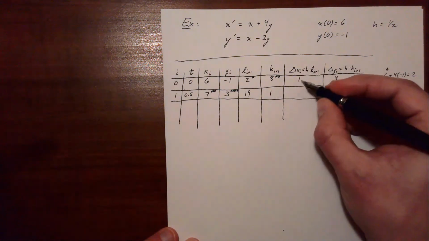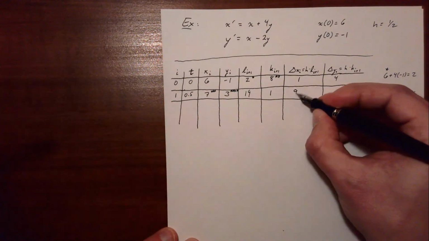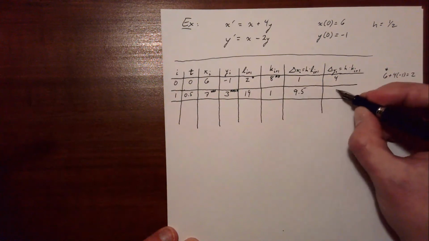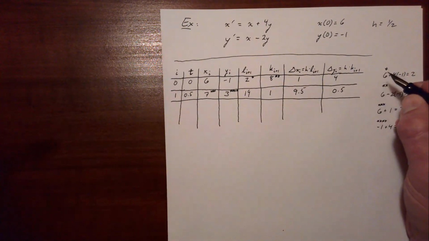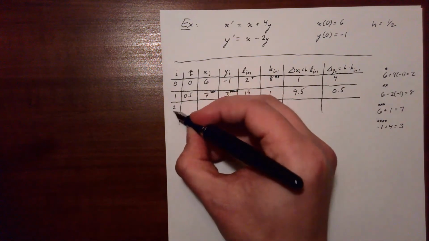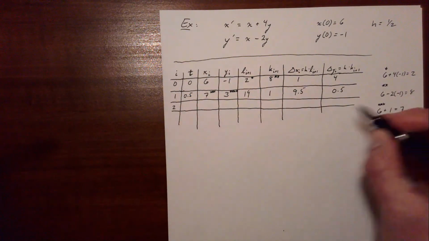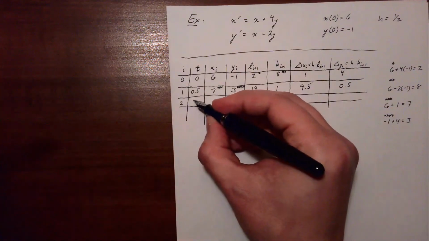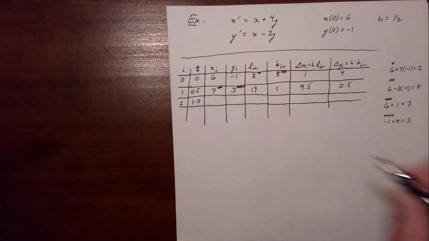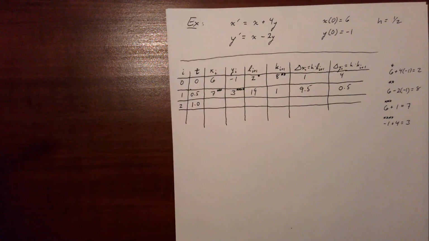And then that means this one is going to be 19 divided by 2. So that's going to be 9.5. And this one is going to be 1 divided by 2, which is going to be just 0.5. And that'll be about where we'll end things here. We'll get the next t, the next x, and the next y. Next t, it goes up by a half each time, so it goes from 0.5 to 1.